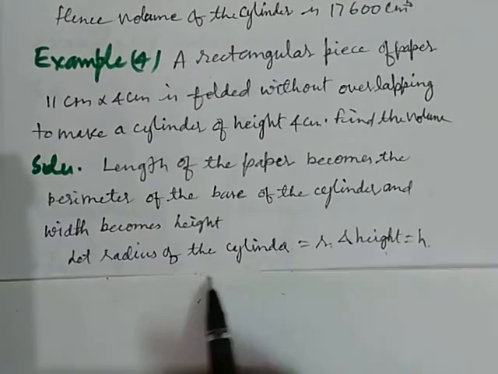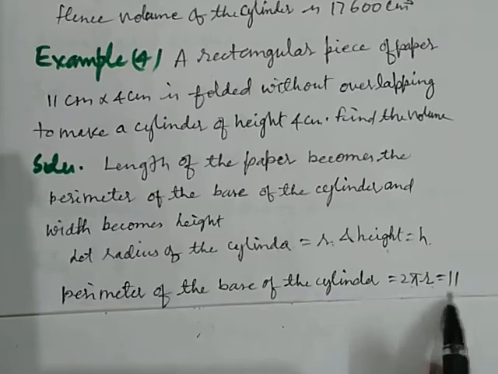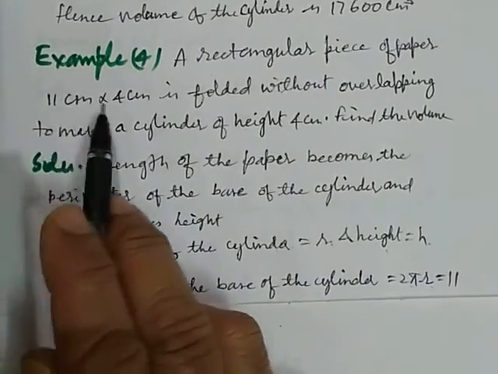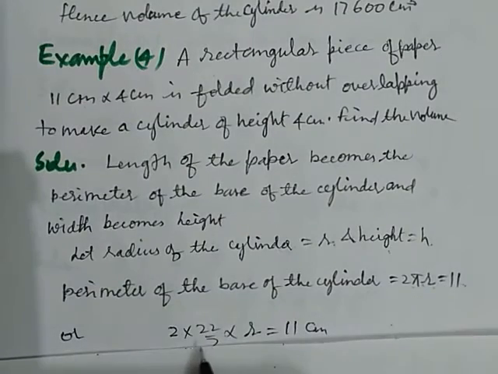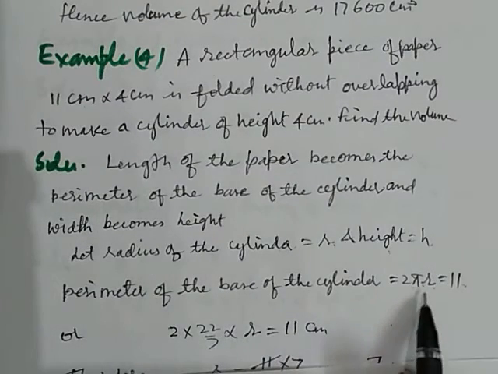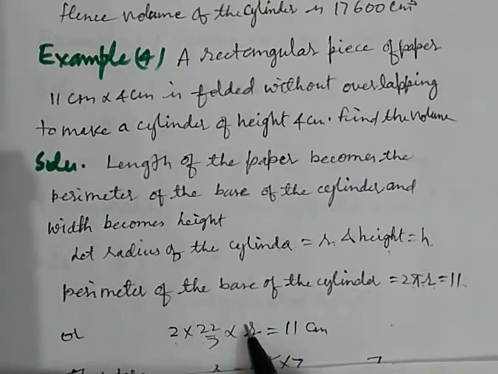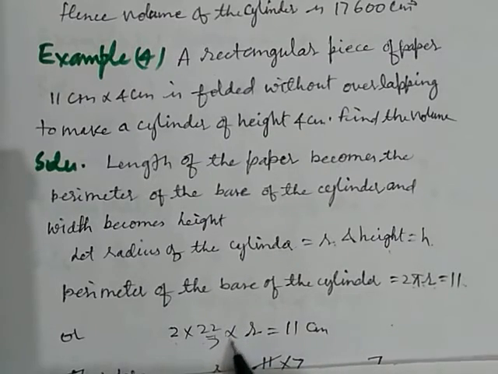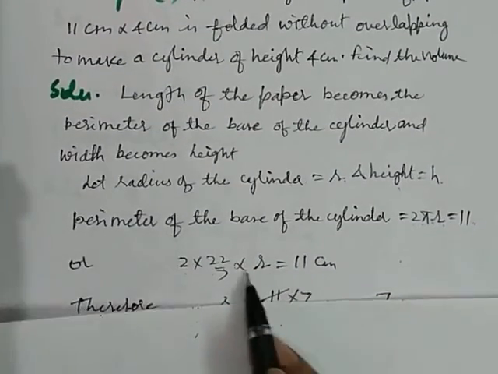So perimeter of the base of the cylinder is 2 pi r, and this becomes the perimeter. So 2 pi r equals 11. Put the value: 2, this is the pi, and r, let the radius of the cylinder be r. So this whole becomes 11.